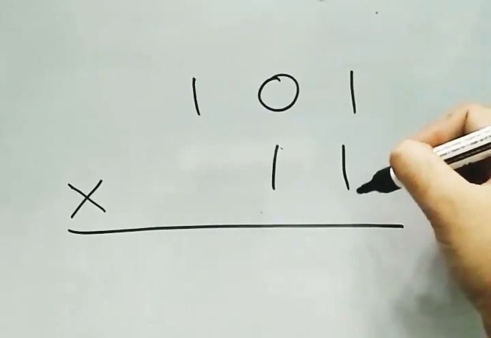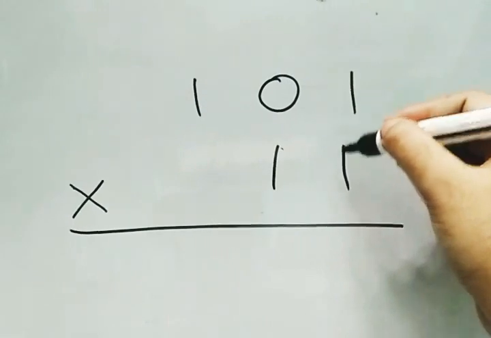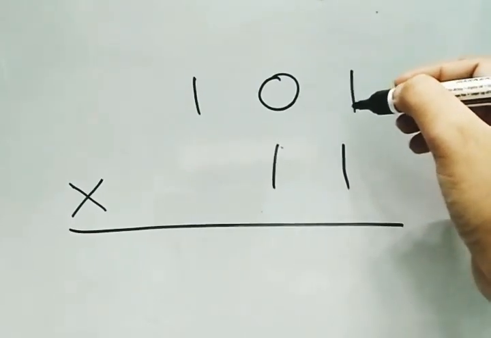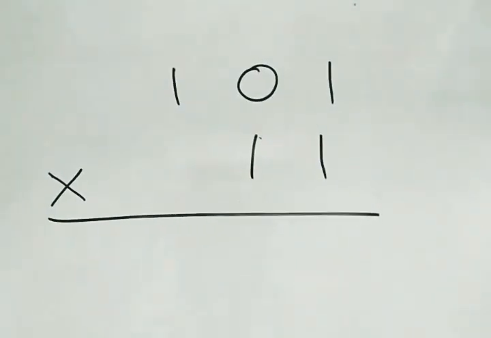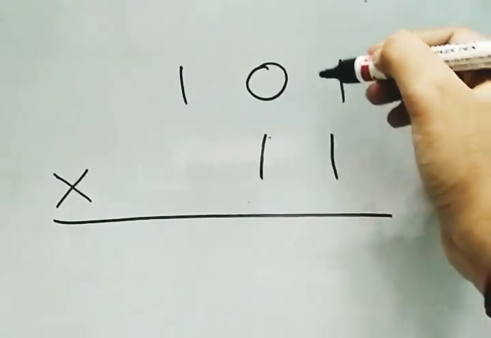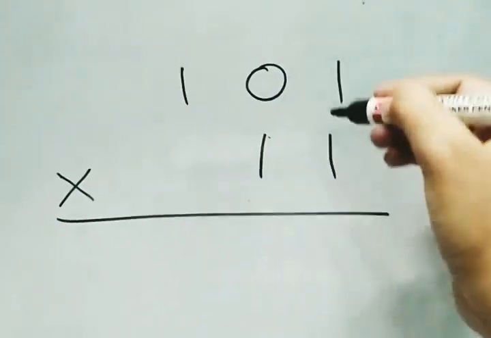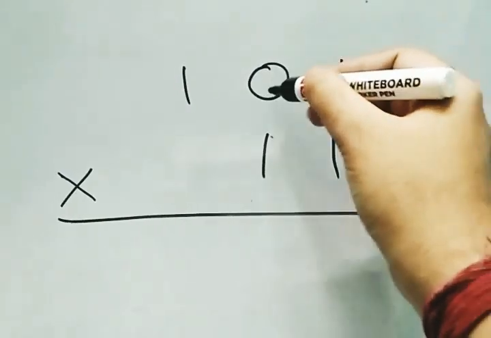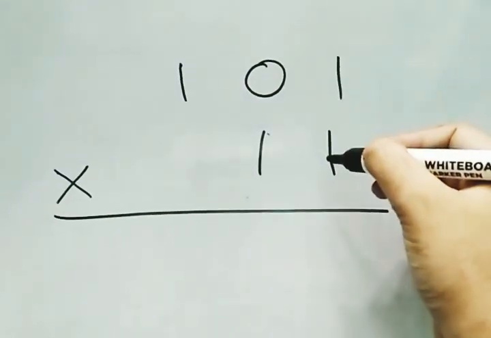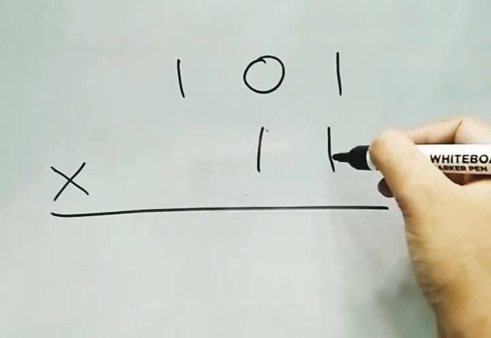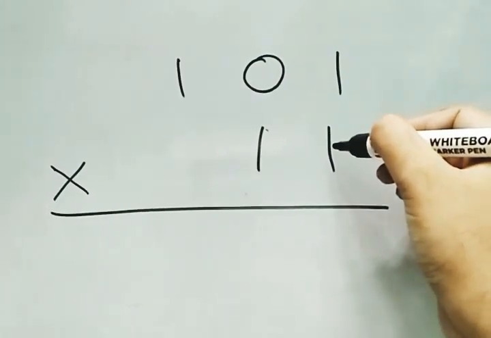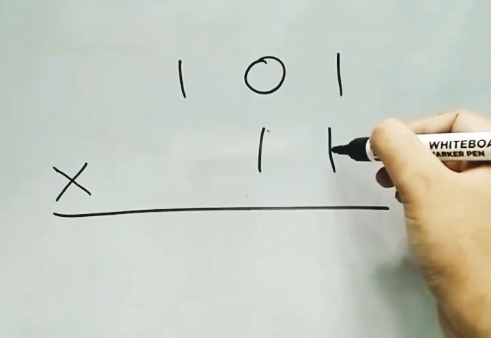The rightmost digit of the second number will multiply 3 times with the 3 digits of the first number. That means with each digit of the first number we have to multiply this right digit of the second number.